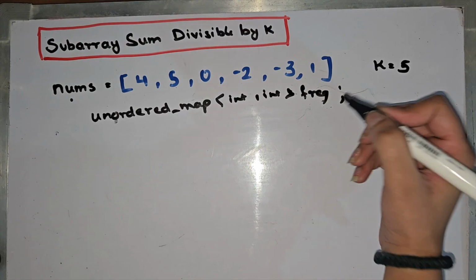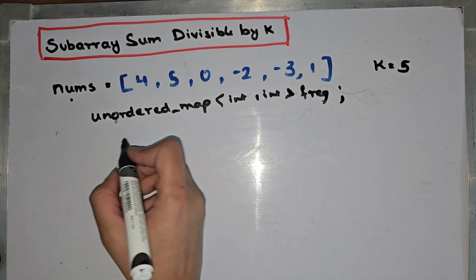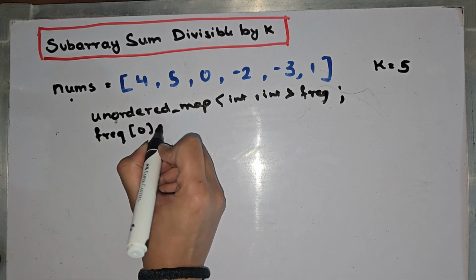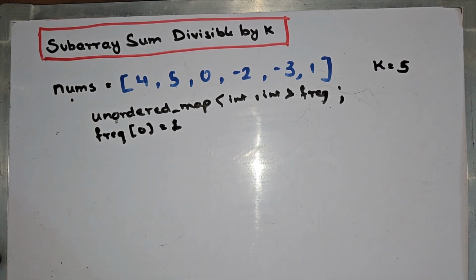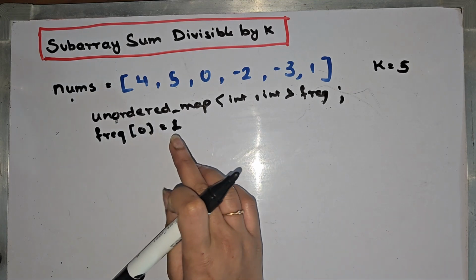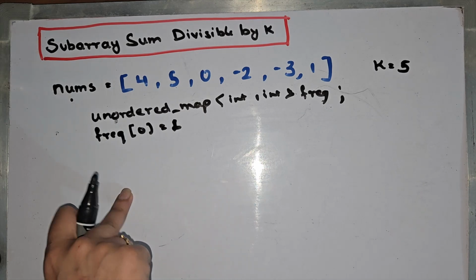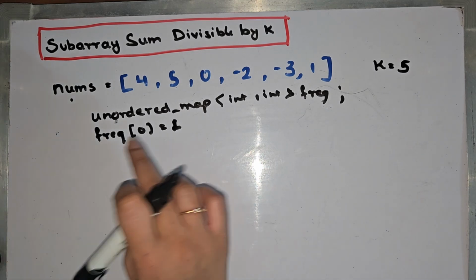This map will have the frequency of remainders, and we will set frequency of 0 equal to 1. Why this? Because if the prefix sum itself is divisible by k, the subarray starting from 0 should be counted.